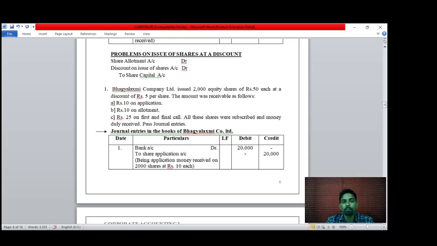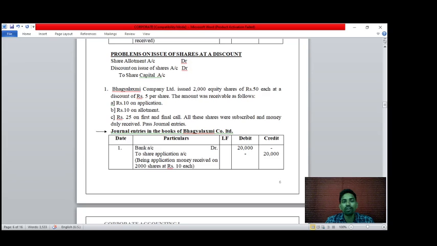A price less than the face value of shares is nothing but the issue of shares at a discount. Whatever discount is given is a capital loss, and this happens in the allotment.